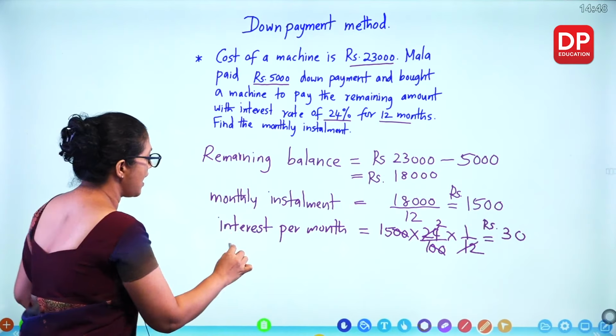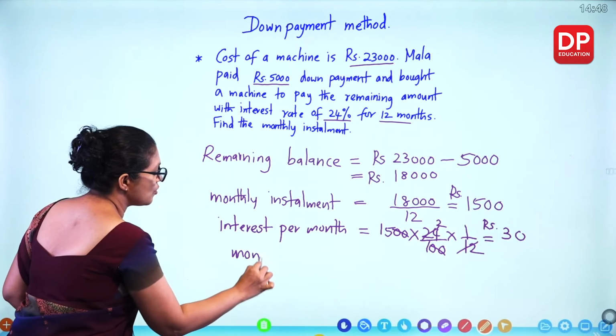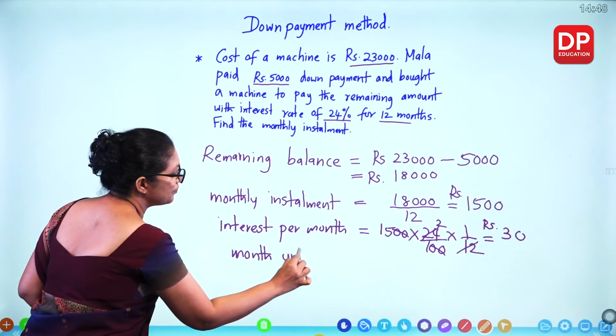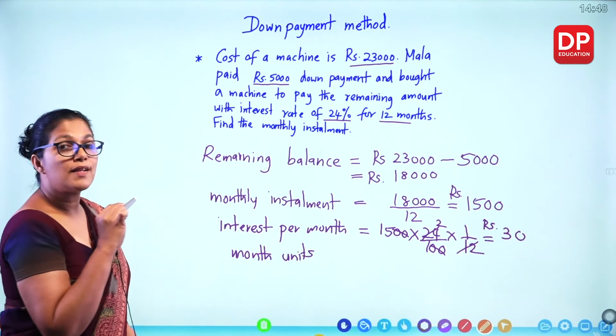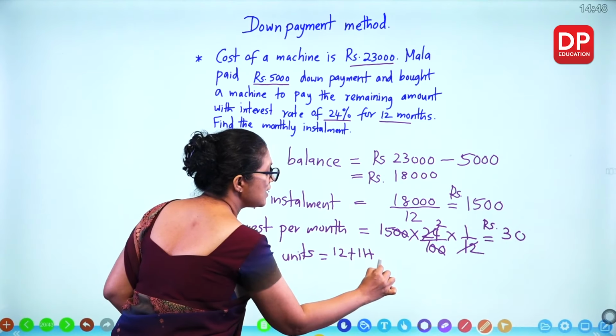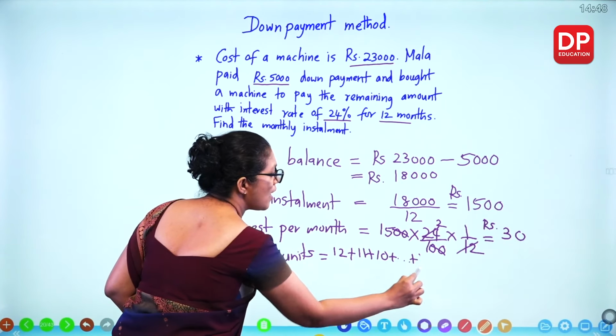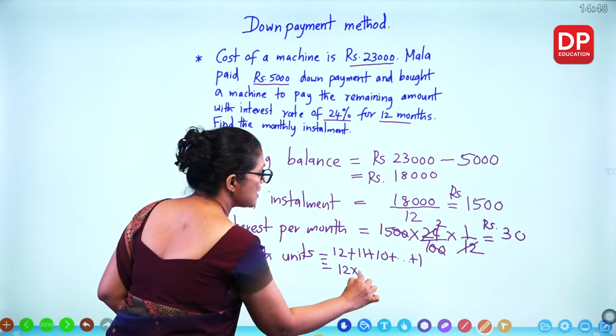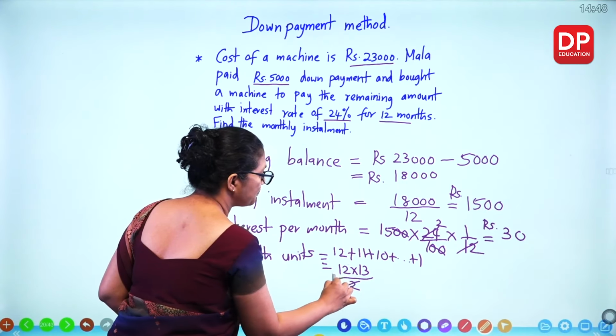Then we can calculate the number of month units. This is for 12 equal months. So 12 times 11 times 10 up to 1, that's 12 times 13 divided by 2.